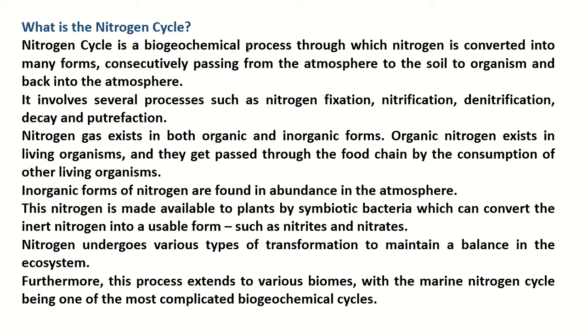Then ammonia is formed, as nitrogen gas, and it exists in both organic and inorganic forms. Now two words come: nitrogen exists in both forms, one is organic form, another is inorganic form.